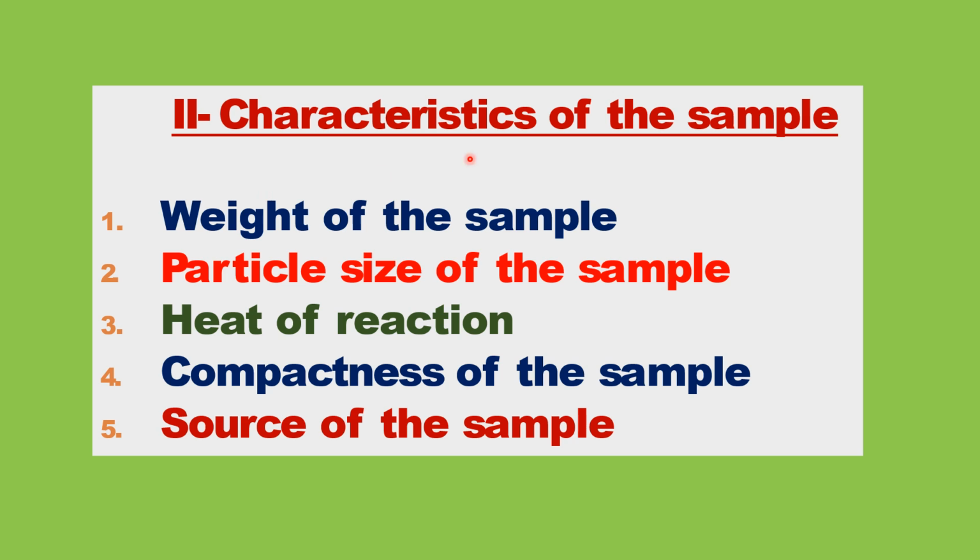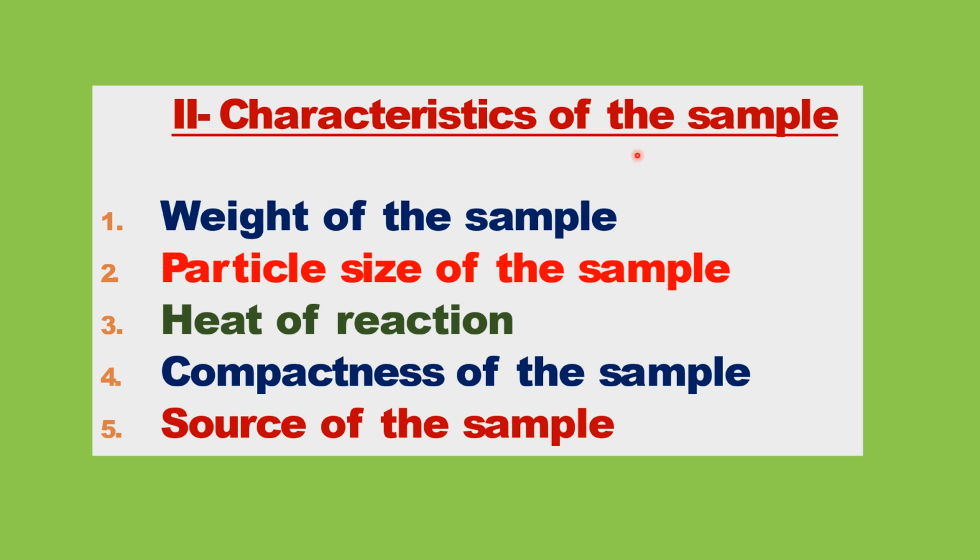Let us see how the characteristics of the sample affect thermogravimetry. The weight of the sample affects the thermogravimetry, as does the particle size of the sample. For example, you have micro-sized particles and nanoparticles.